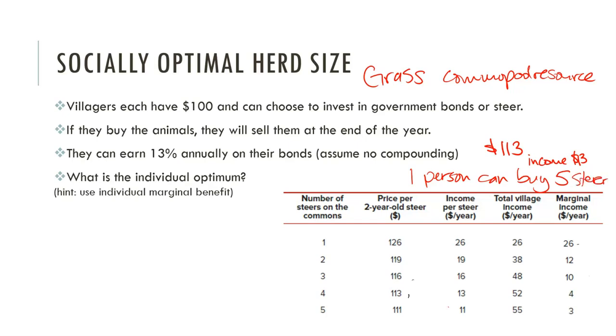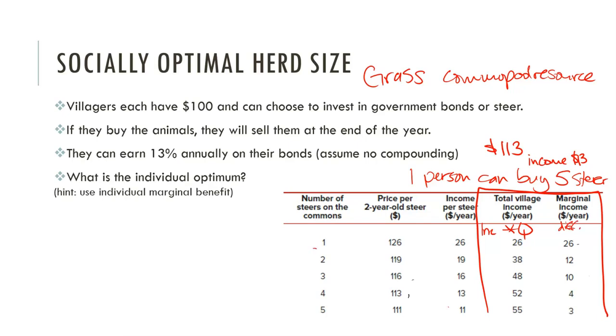In that case, we want to look at the marginal income and the total income for the whole village. So now instead of just looking at the income based on the price, we actually want to look at the total, which is going to be that price times the quantity, or in this case, income times quantity. And then the marginal income, which is the difference between the totals. Okay.